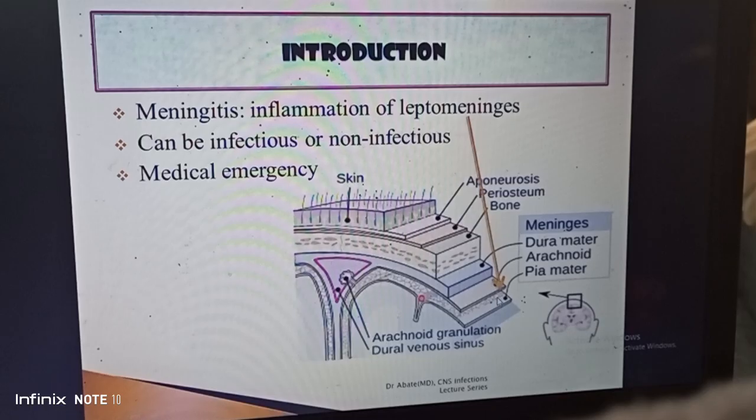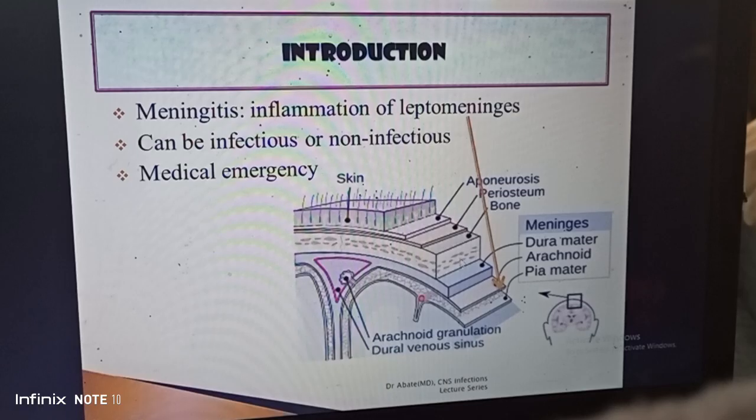This is the pia mater. This is the arachnoid mater, and the third layer is the dura mater. By definition, when you say leptomeninges, it involves both the arachnoid and the pia mater. So when you say meningitis, it is inflammation and infection of both the arachnoid and the pia mater.